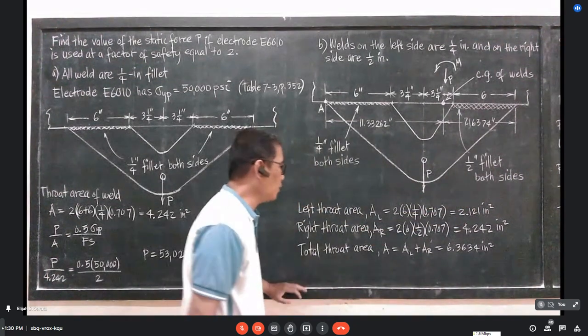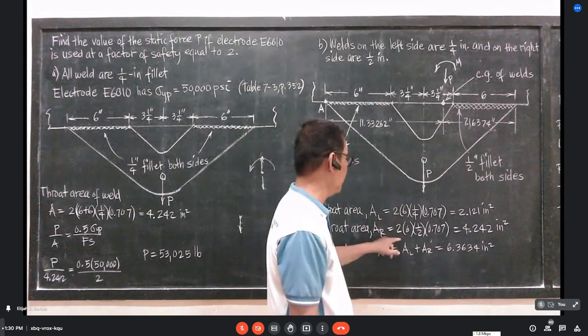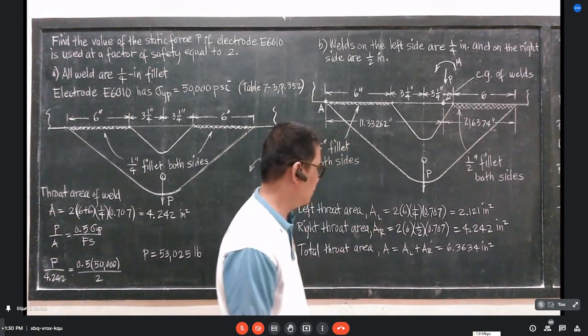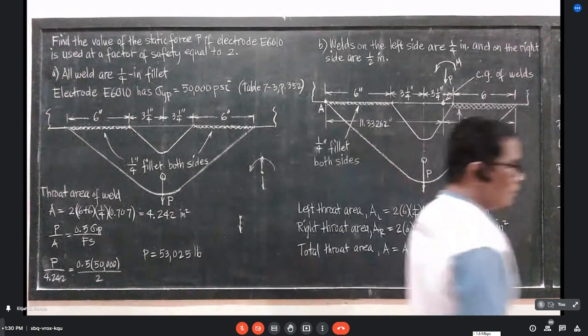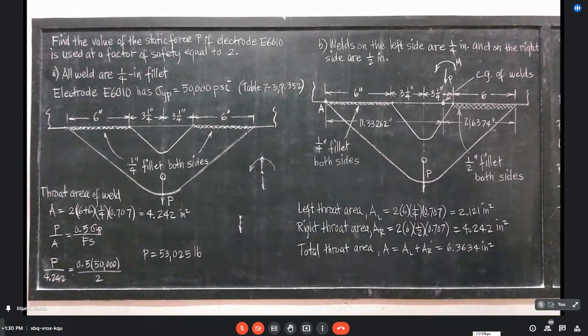So your total throat area is the total of these two. Once you have the throat areas, we can now find the center of gravity.